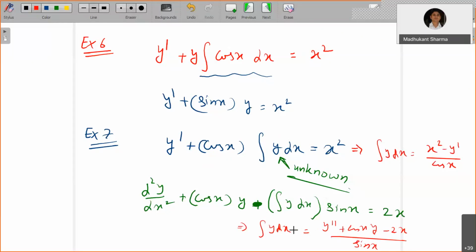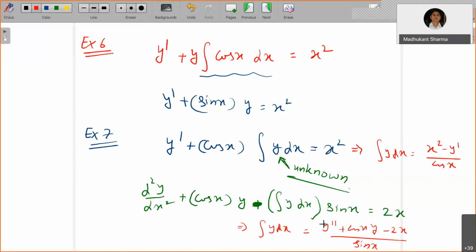Now, since y is a solution of both the equations, it should satisfy both the equations. So certainly these two should be equal, and you will get rid of this. So you will be obtaining a simpler differential equation, which is a simple form where only y and its derivatives are there.